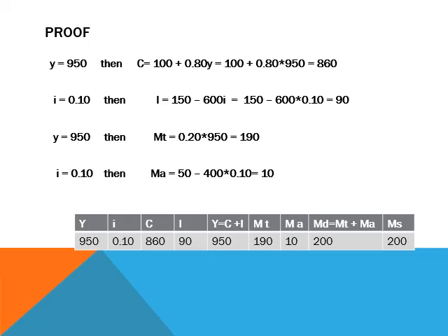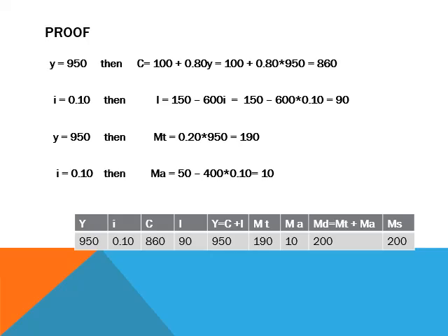This is about the components of the market of goods and services. The market of goods and services, y equals c plus I. 860 plus 90 equals 950, because y equals c plus I. Income or aggregate supply equals aggregate demand.